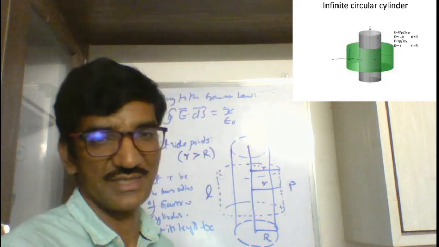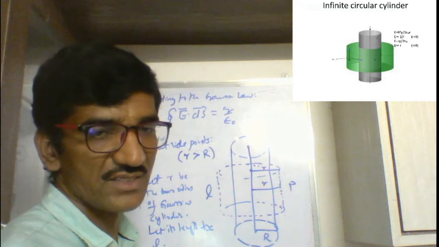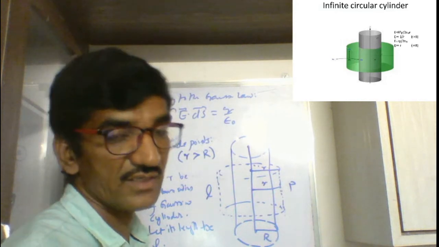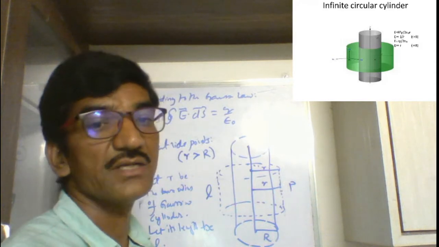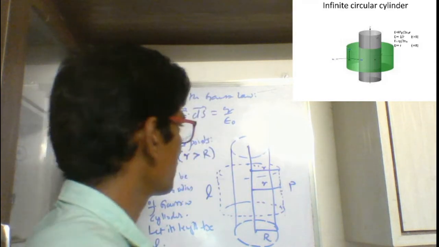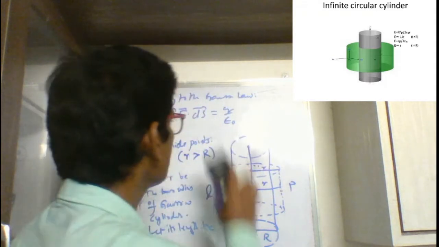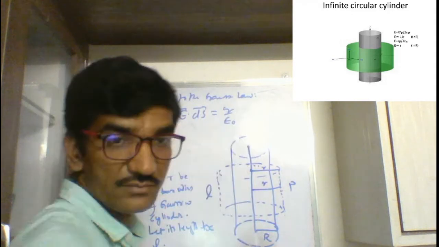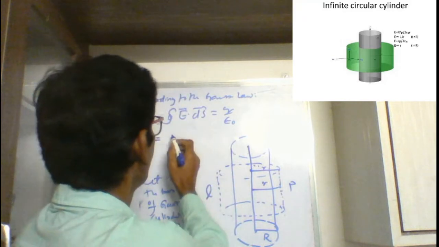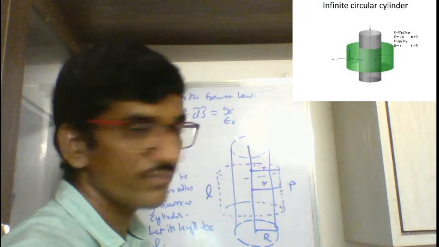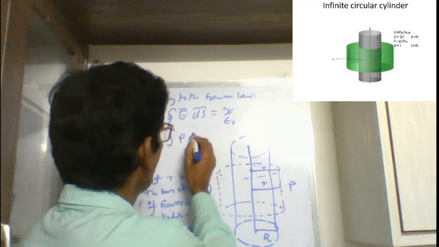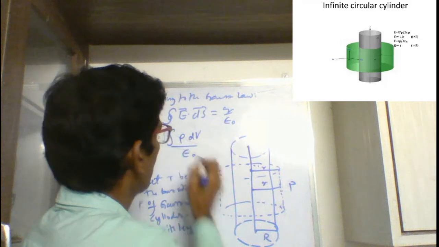How much charge is there? Here charge is not given in the problem, volume charge density is given. That means you have to express the charge in terms of volume charge density. Then what happens to this RHS? q is integral rho dV, divided by epsilon naught.